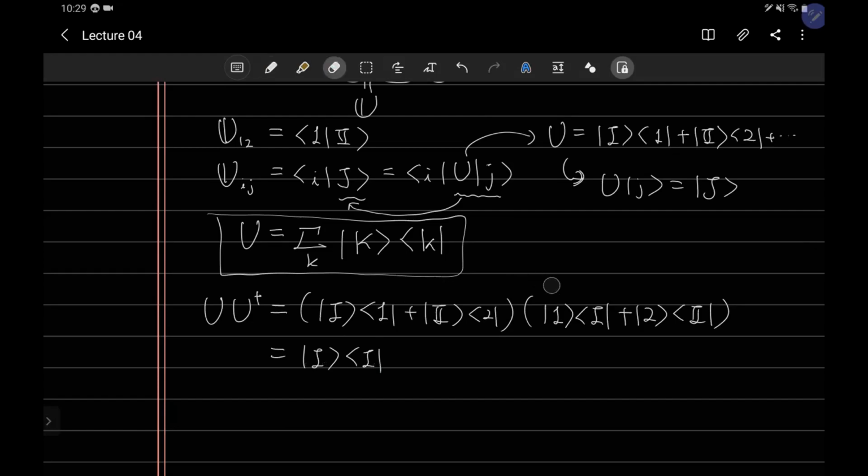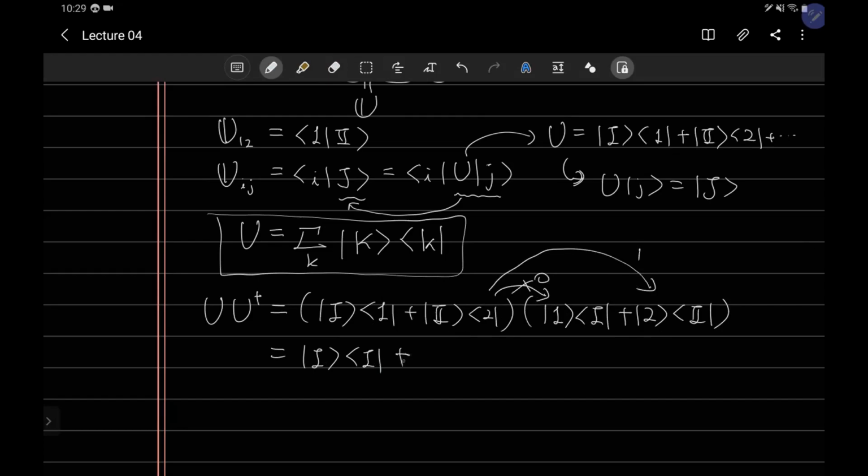However, for the inner product between this one and this one, they will cancel because they are orthogonal to each other, so they won't survive. Similarly, for the second term, the inner product of this one will become 0, while this one will turn into 1.